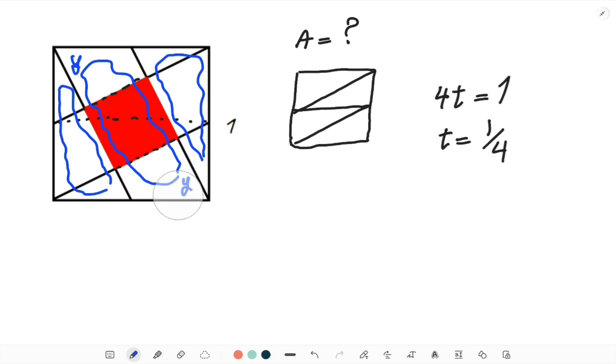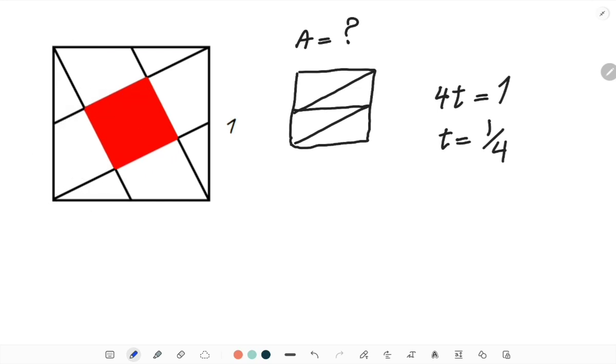So for simplicity, I define some variables. I define the area of this small triangle here to be x, and because all of these small triangles are similar, this is x, this is x, this is x. But I just write these two because I only need those two.